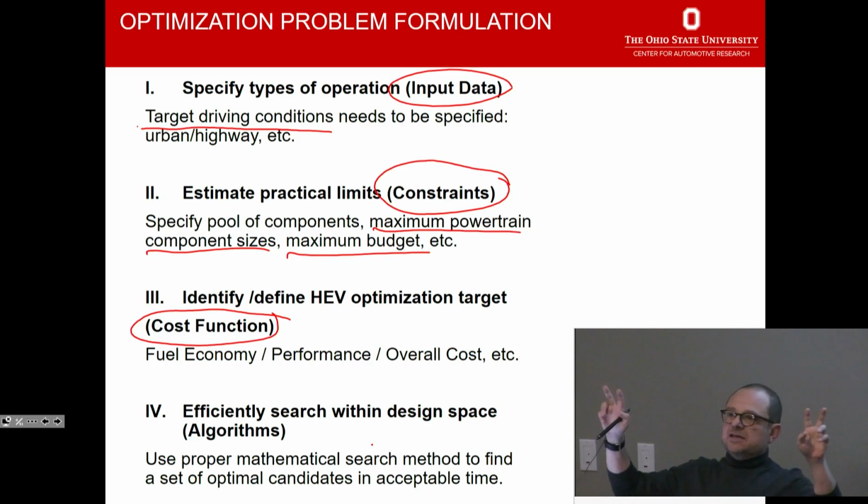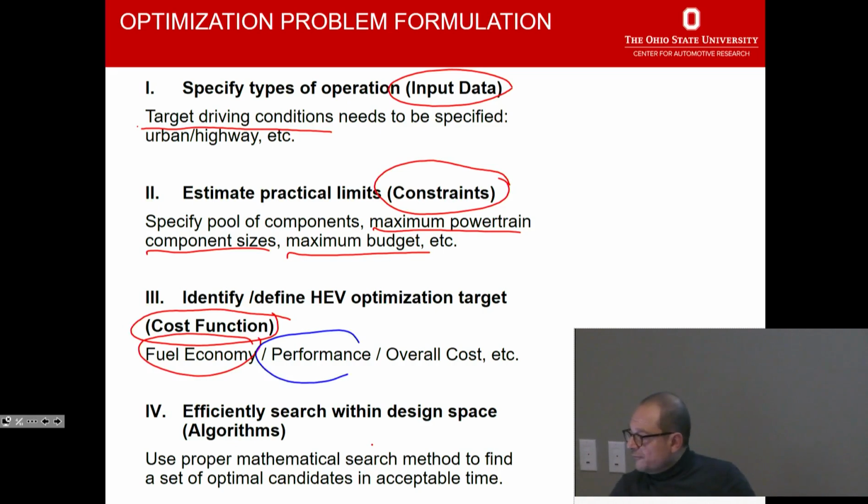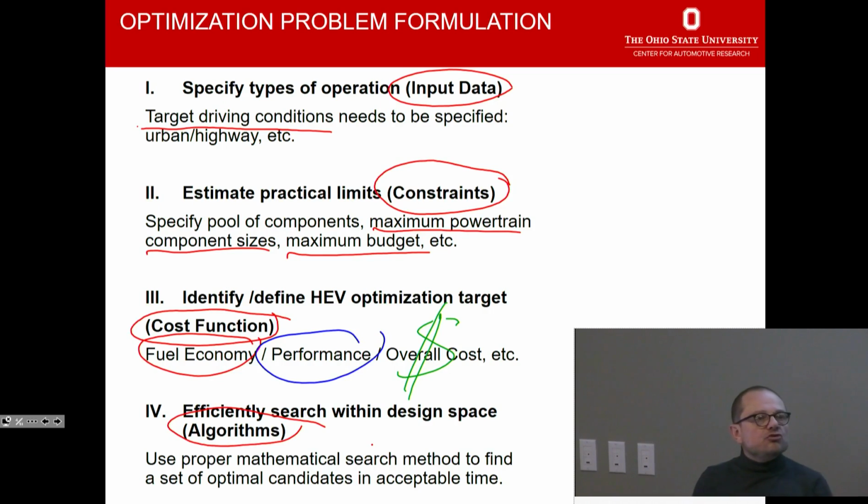And cost is intended here in the sense of an optimization problem, not just cost in dollars. So you would have fuel economy, performance, and then cost in dollars as well. And finally, you're going to have to decide, how am I going to search? What algorithms am I going to use to do this?